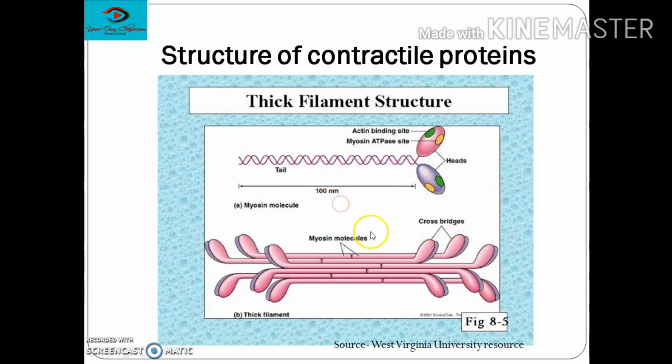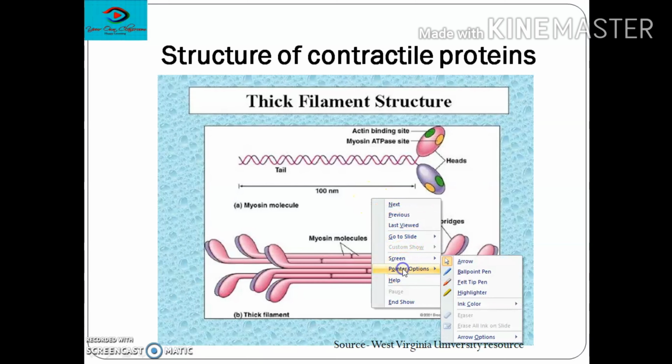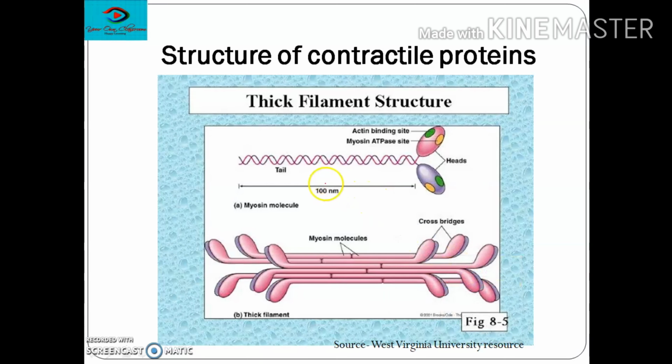The tail part of the myosin is also called light meromyosin, LMM, and the head part of the myosin is also referred to as heavy meromyosin.